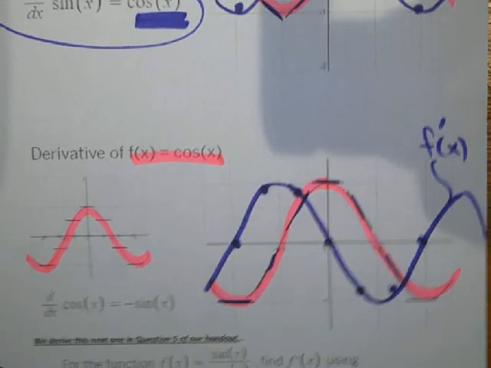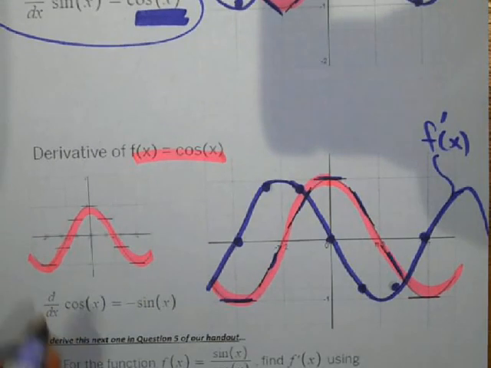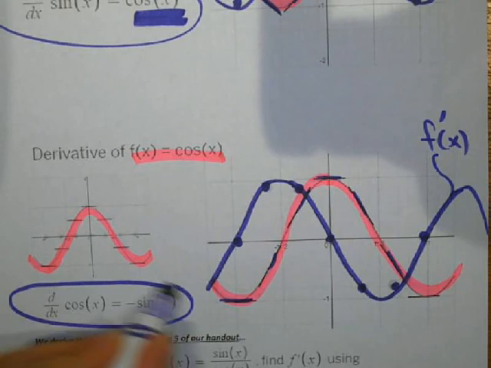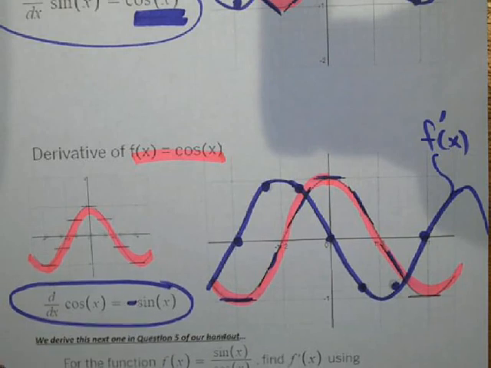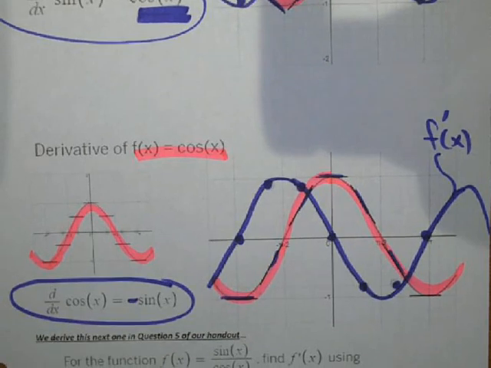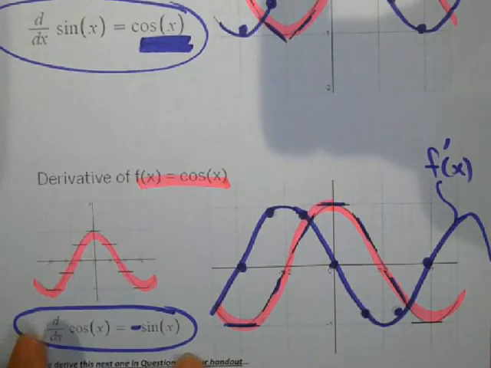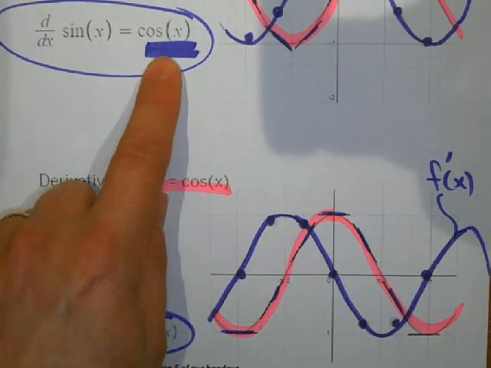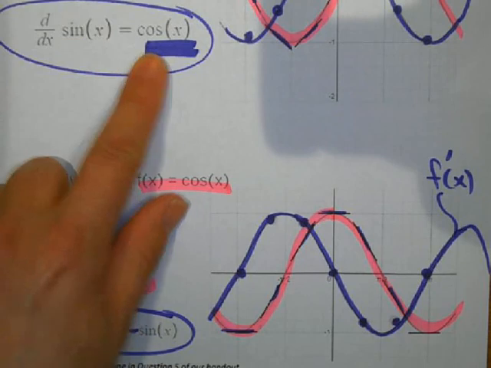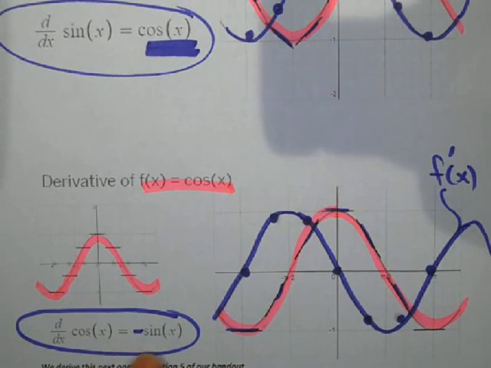So that means the derivative of cosine is negative sine x. Okay? So those are the two important things we need to come away with from this activity: the derivative of sine is cosine and the derivative of cosine is negative sine.